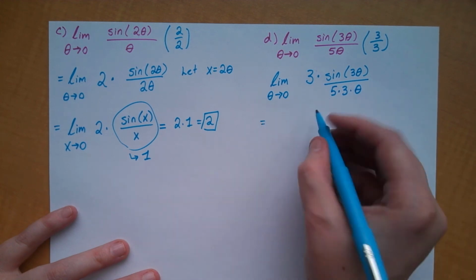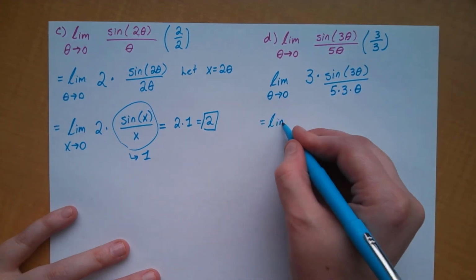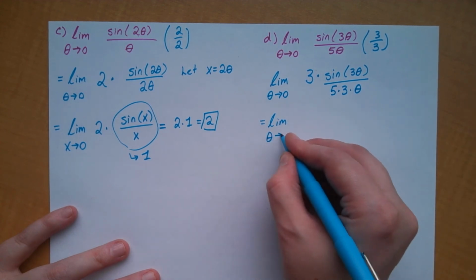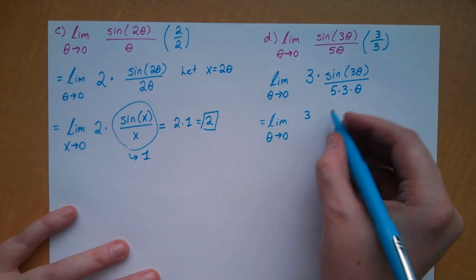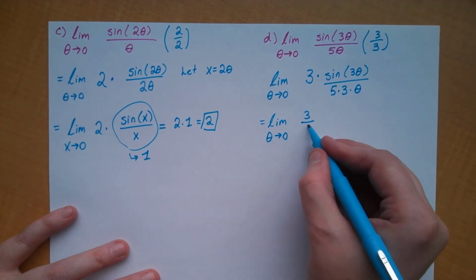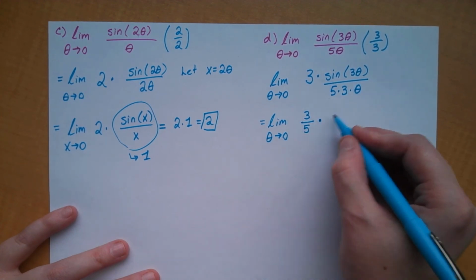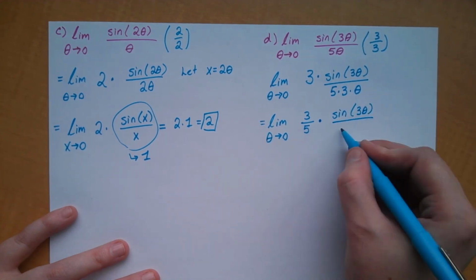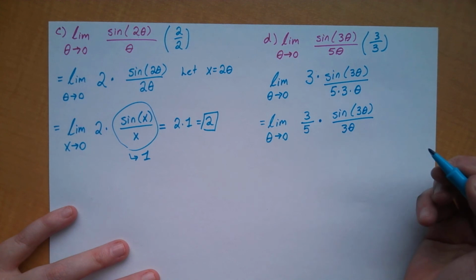Now, because multiplication is commutative, I can move these numbers around and the order doesn't matter. I'm going to take this 5 and pull it out in front, so 3/5 times sine of 3 theta divided by 3 theta.